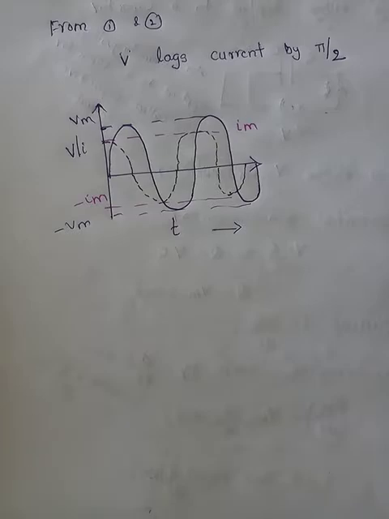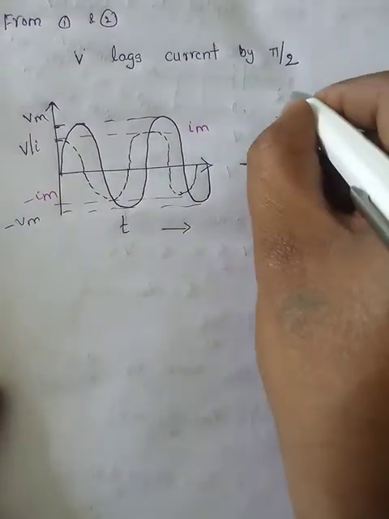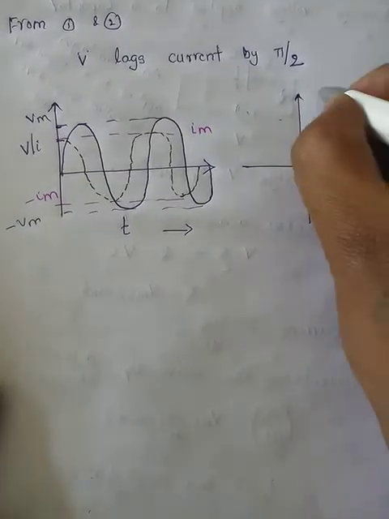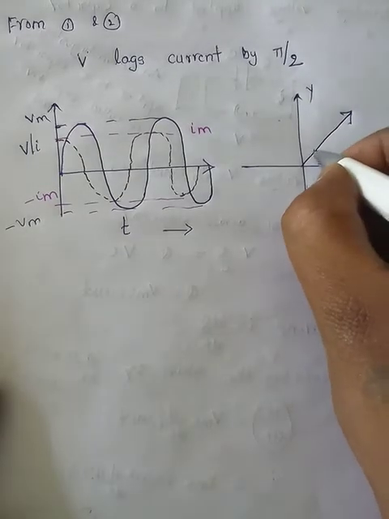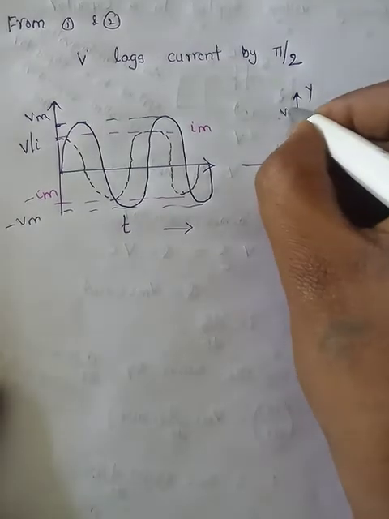Next, if you want to draw the phasor diagram, how will the phasor diagram represent that? Let us take the x axis and y axis. Voltage is a vector projected at angle omega t, and this is V, this is Vm.